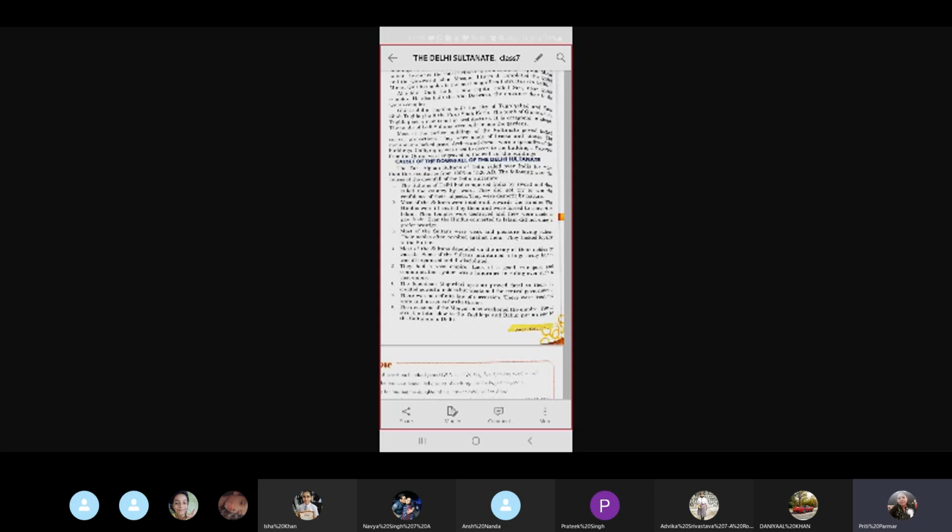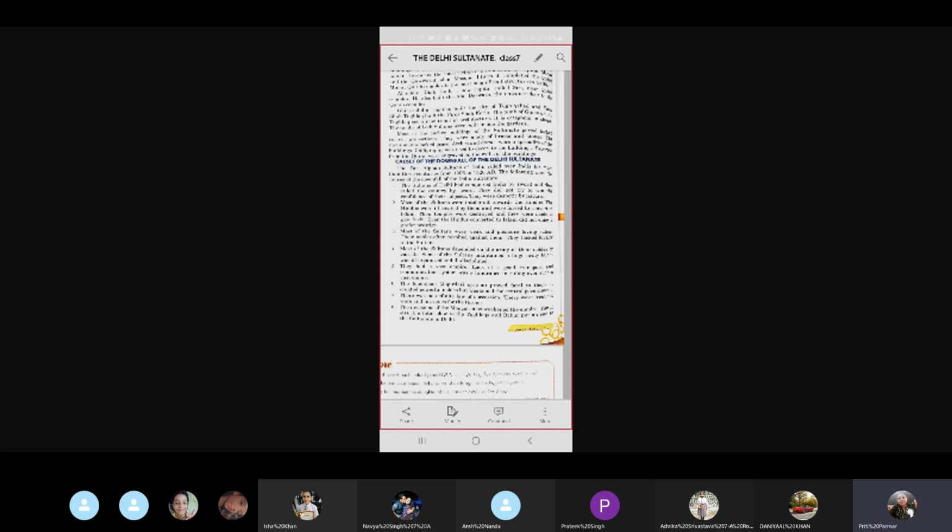Why? Because the provinces were looked after by the Jagirdars, and these Jagirs were given by the Sultan only. So, what these nobles did, they occupied these Jagirs and started acting as kings in those Jagirs. And so, gradually, they became very powerful in their areas, and this weakened the king.